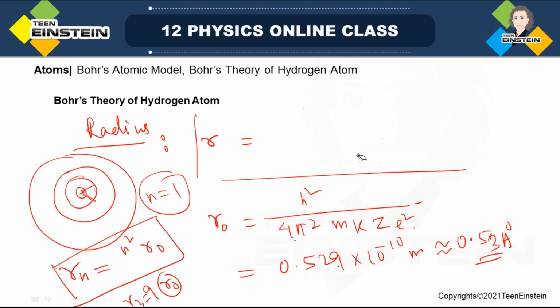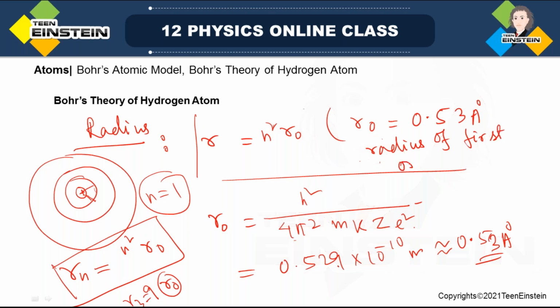We can write n² r0, where r0 is 0.53 angstrom, the radius of the first Bohr orbit, which is called Bohr's orbit.